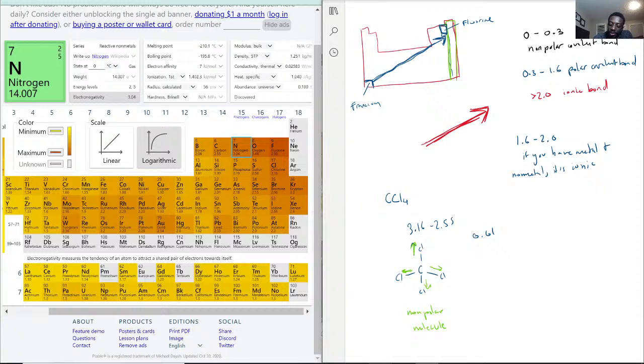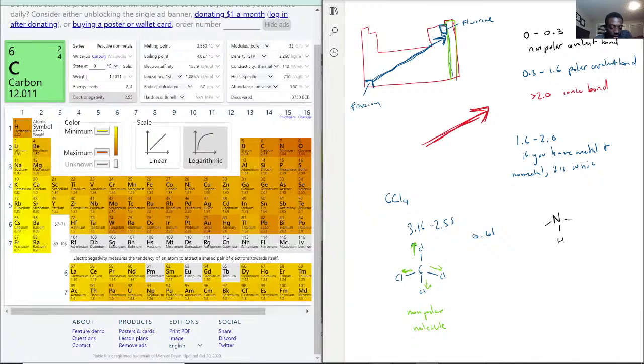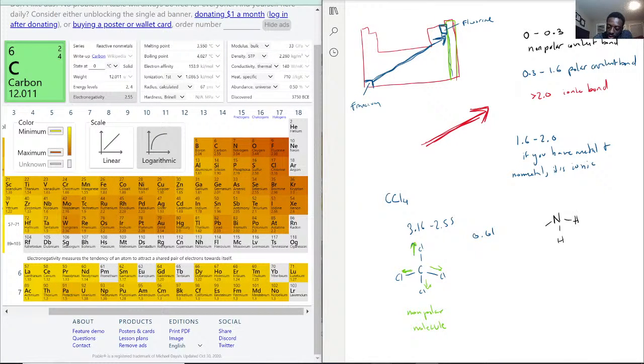The point being is that if we had NH3, the reason why I didn't want to use H is because H is all the way at 2.20, so these are already polar bonds. The key here is that it has a lone pair, which makes this skyrocket up, towards the lone pair. So this is a polar molecule, and as you see here, it definitely also has polar bonds.